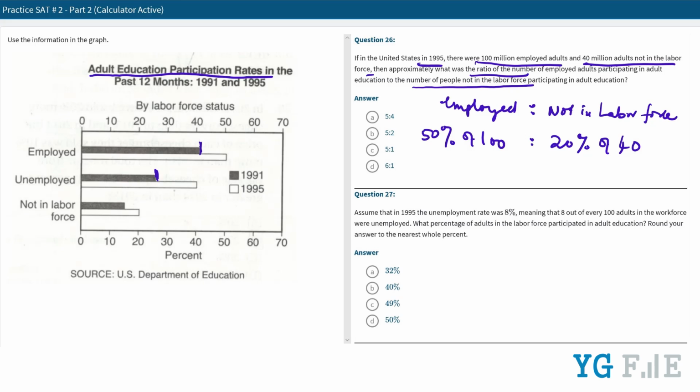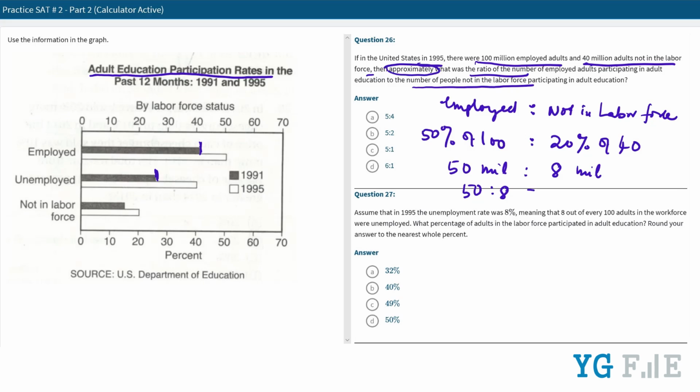If we do this, we get 50 million here and we get 8, because 0.2 times 40 is 8 million. So the ratio of the two populations who participate in adult education is 50:8.